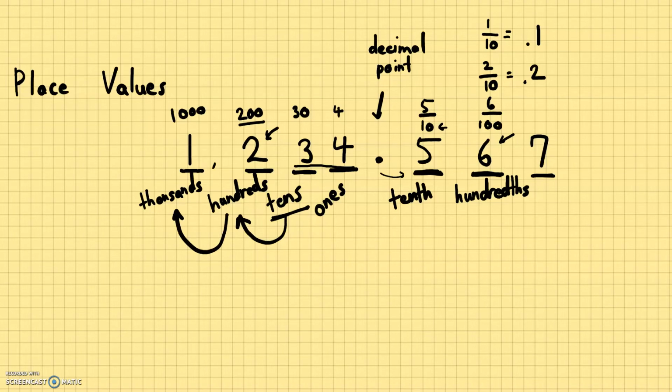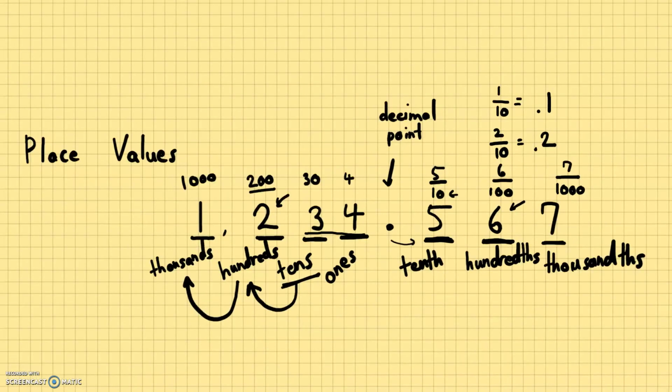Well, if you look at the whole number side, it was 1000, then it follows the same logic. That would be 1000, this place. So this 7 actually means 7 over 1000.